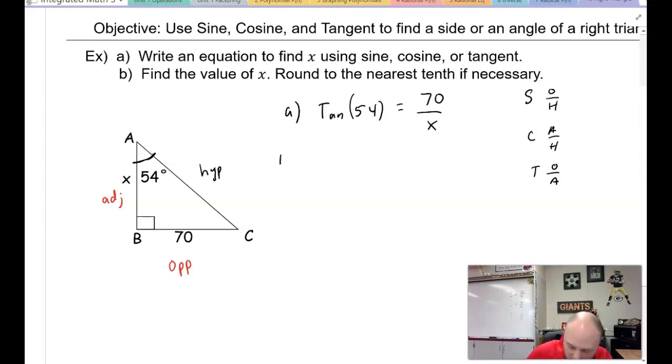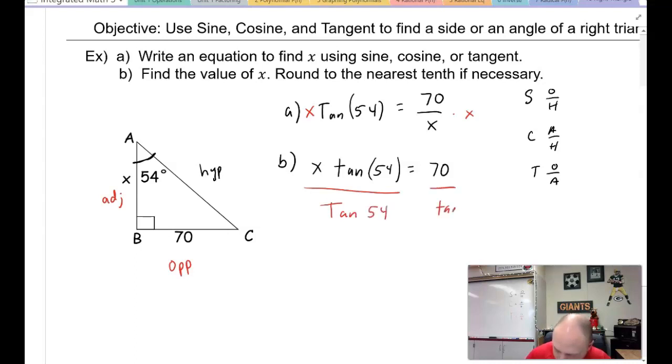B, now I need to go ahead and solve this. So I'm going to multiply both sides by x. And we have x times tangent of 54 is equal to 70. Well, x isn't by itself, so I now need to go ahead and undo multiplication. So I'm going to divide by tangent of 54.